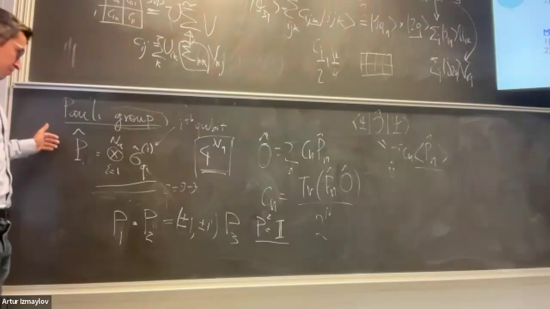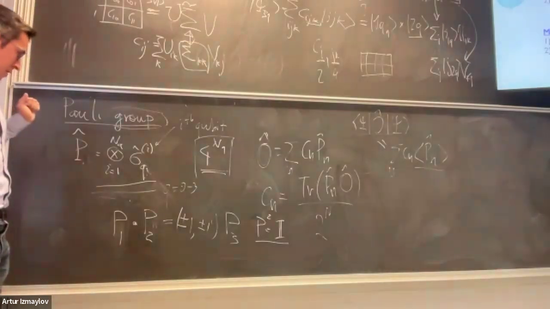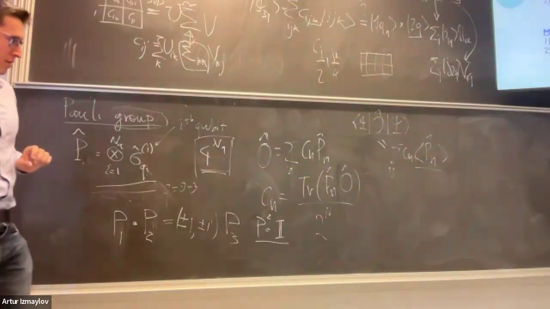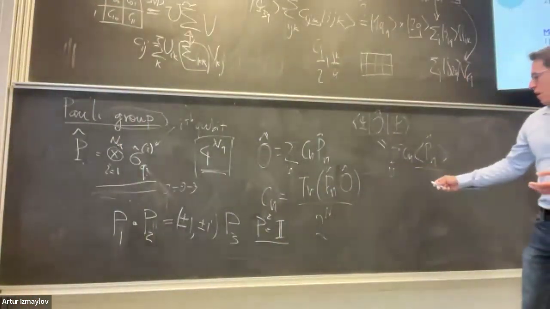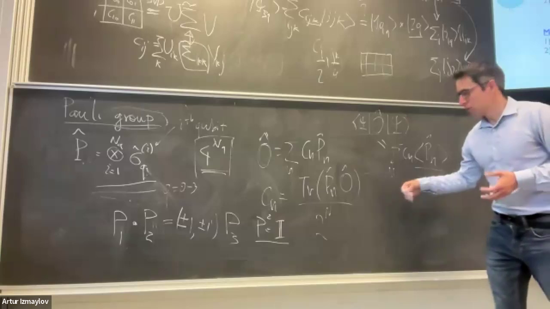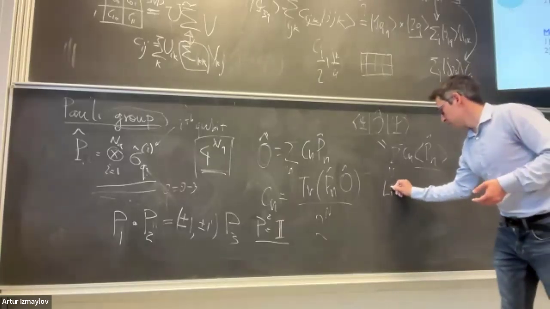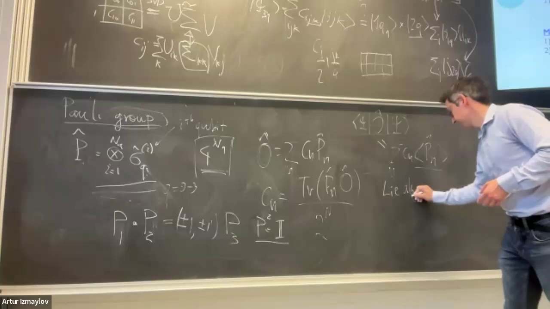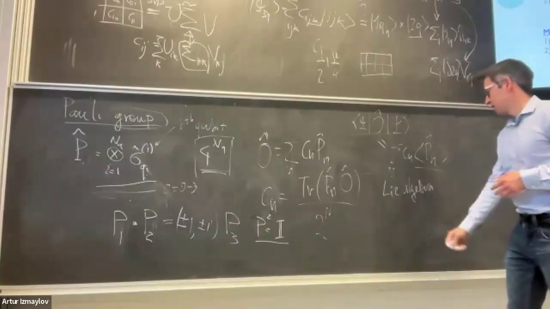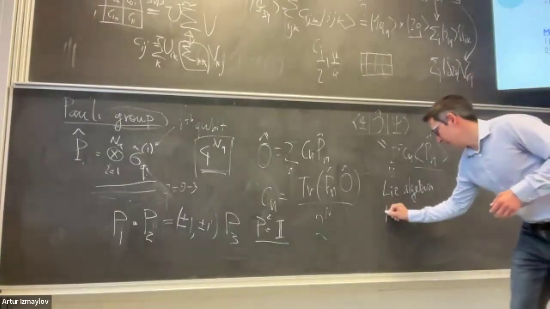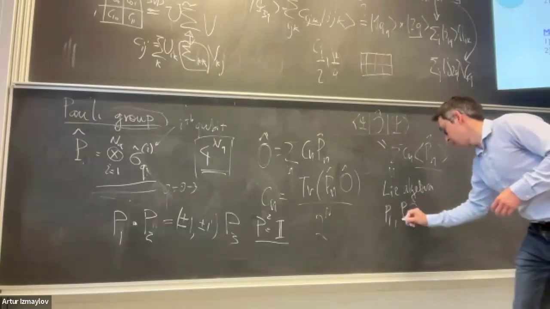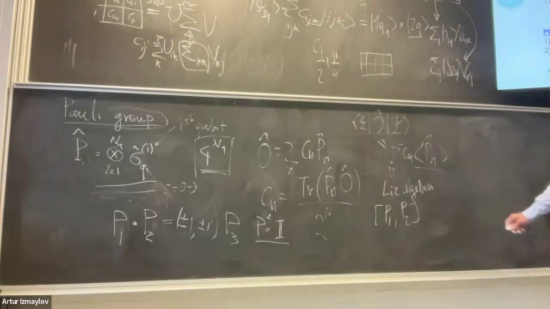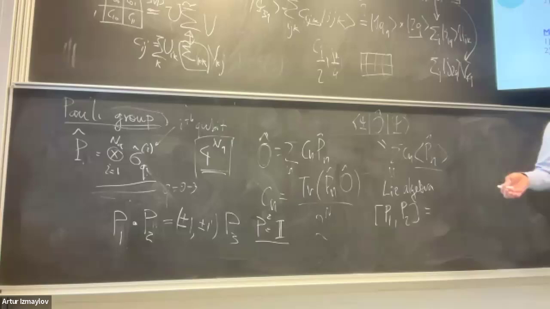And now what else these Pauli products have is that it turns out they also form a Lie algebra. Because any Pauli, if you commute it with another Pauli, two Paulis essentially have only two choices. They either commute or anti-commute.